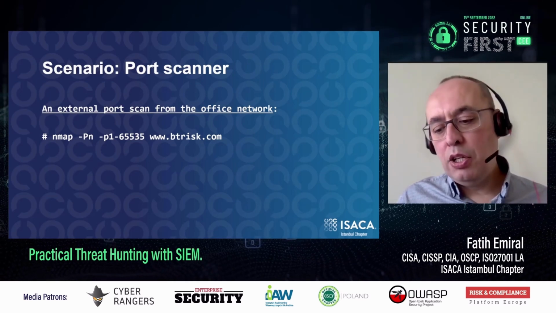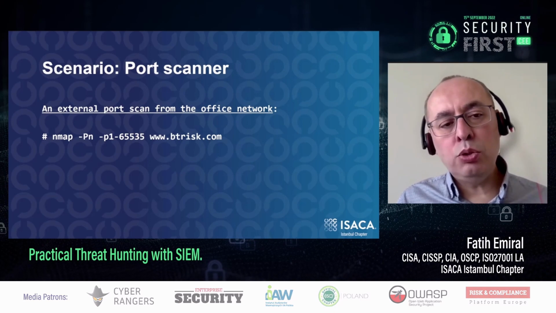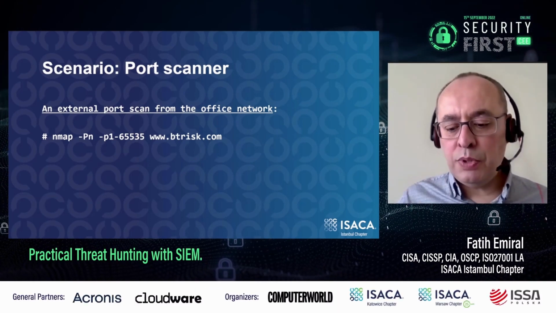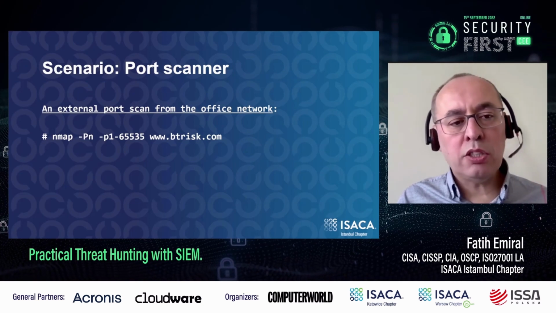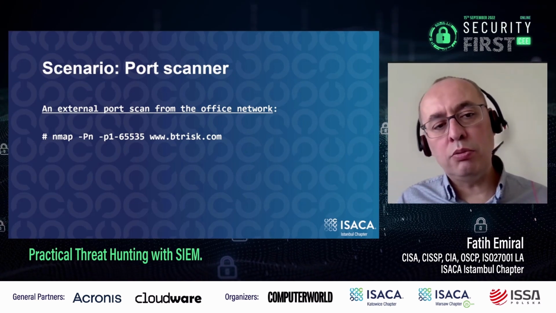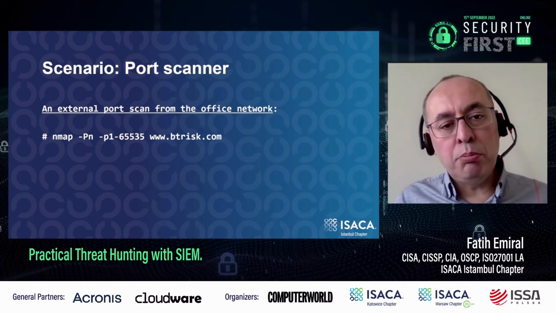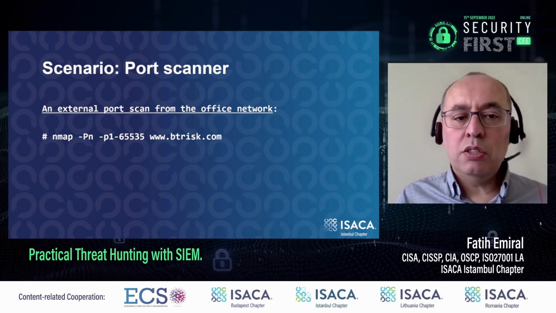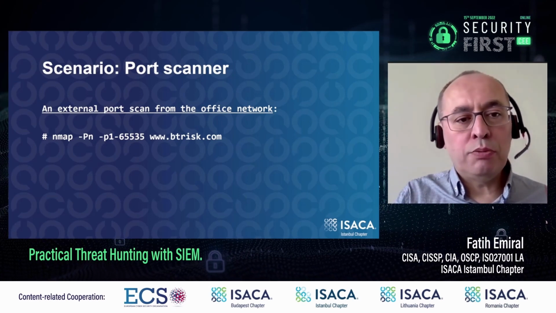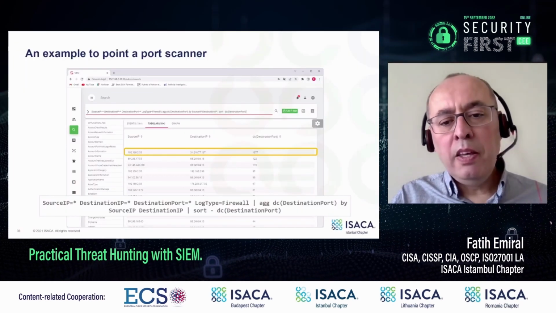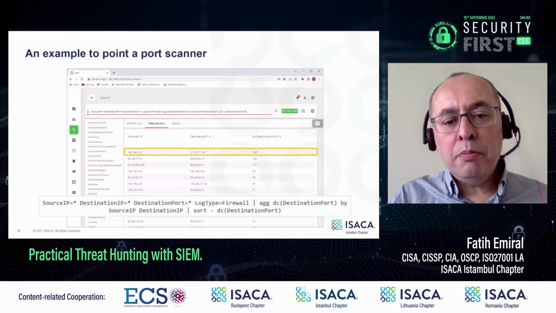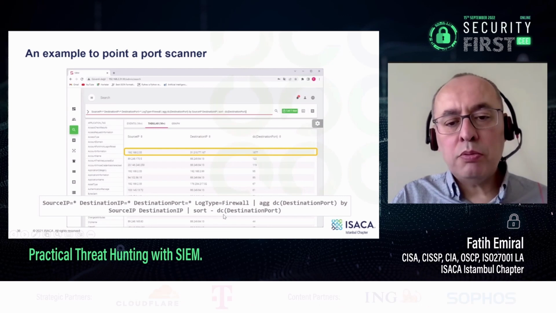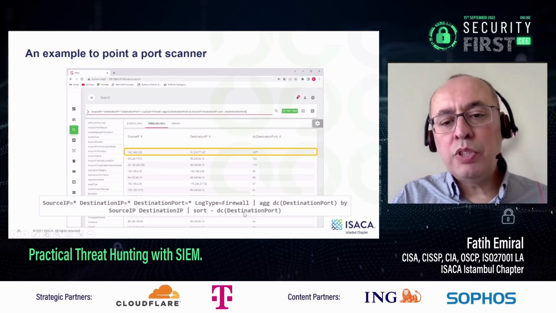But consider that you have an office in Germany and you have an office in Turkey, for instance. You can find if someone from Germany is attacking some server in Turkey or the other way, because you have a firewall in between and you have the logs available to you. In other cases, this would not be possible, unfortunately. Here, I'm using one of the capabilities which I mentioned before, the distinct count of destination ports.